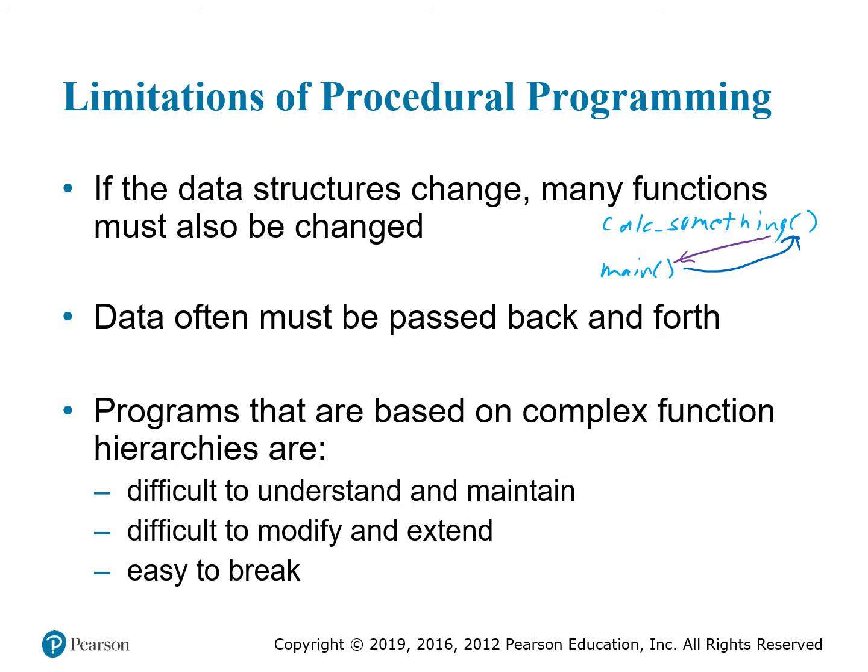Whereas if I had an object, I set the data, I tell the object to do its calculation, and it does it internally. It doesn't have to have all this data passing back and forth. I don't need all the pointers and all of those things that become common in fairly complex functional or procedural programming.